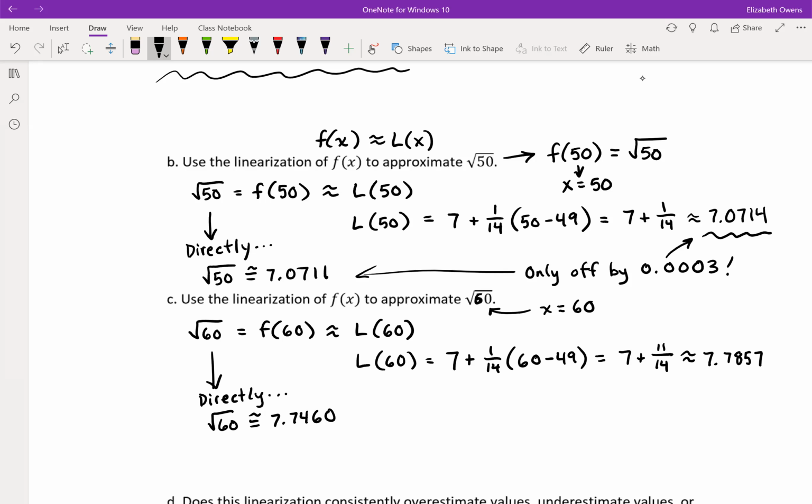So here we can see that even though the values are still kind of close, it's not as close as it was with square root of 50. We're definitely off by more than 3 10,000ths here. So it's not quite as good of an approximation. So we've got a larger difference here.